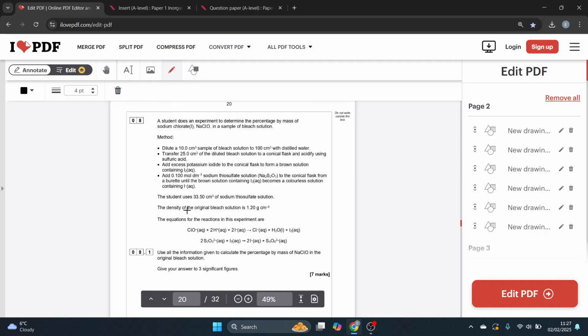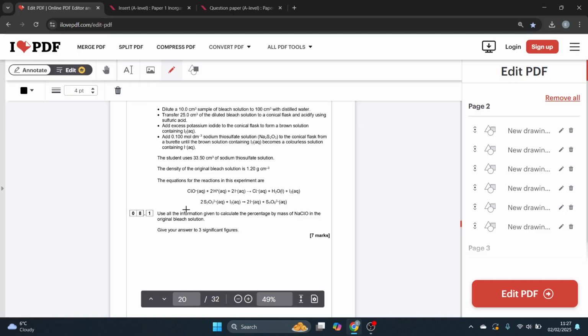So, okay, first thing I can do is find out the moles of S2O3 2-.